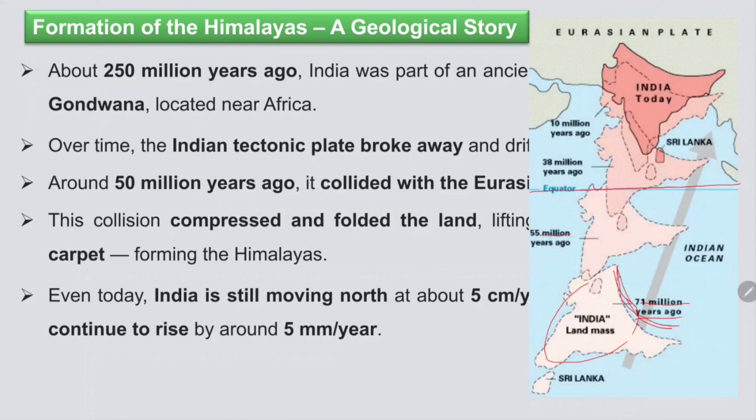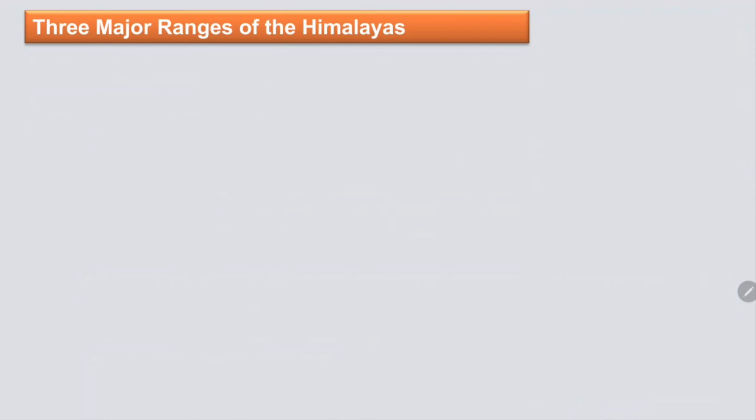And 55 million years ago it shifted slowly towards the equator. After that it drifted upwards, and slowly it collided with the Eurasian plate here. So this is how the Himalayas were formed. This is a geological story. I hope it is clear.